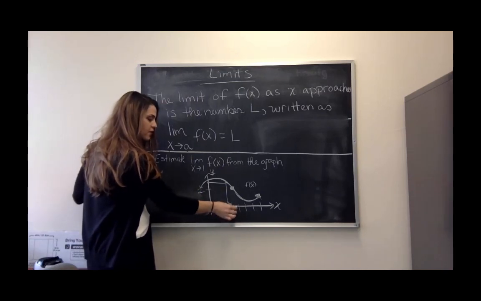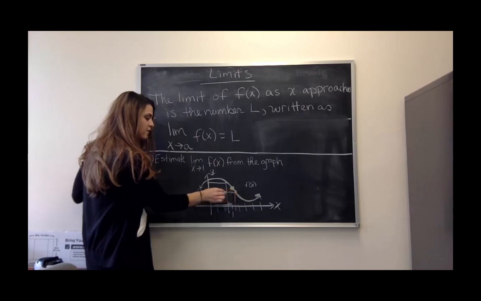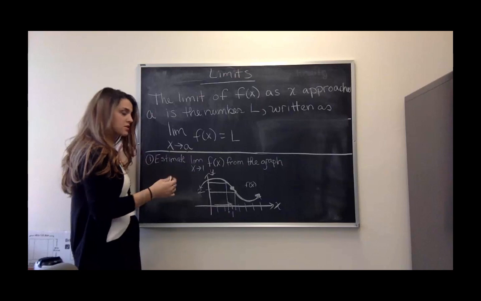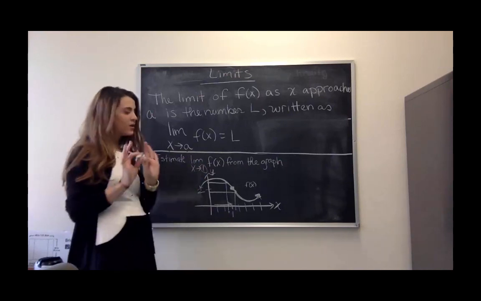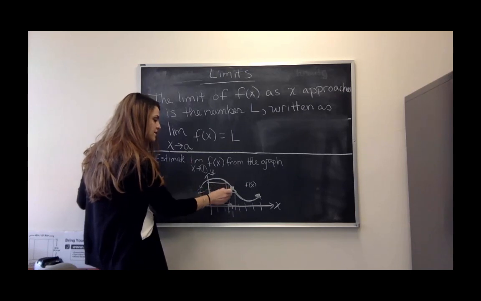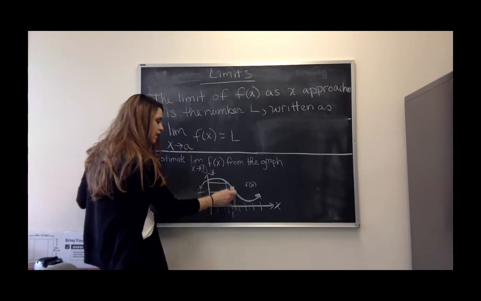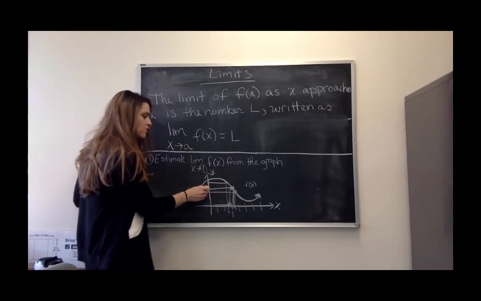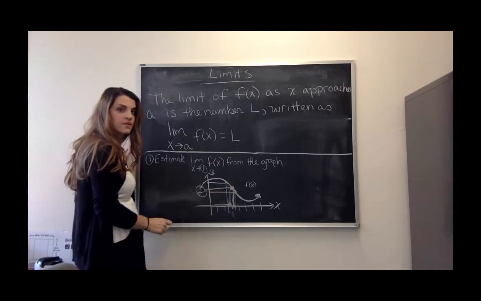Similarly, if we look at a value to the right of the number 1, the y value would be just below 2. Now we want to know as x approaches 1, not equal to 1, but as it gets close to 1, notice that all of these x values that get close to 1 all make the y value get close to the number 2.